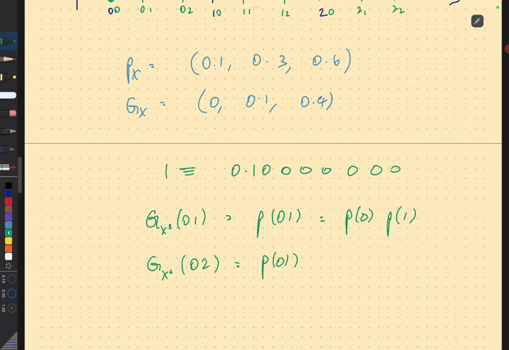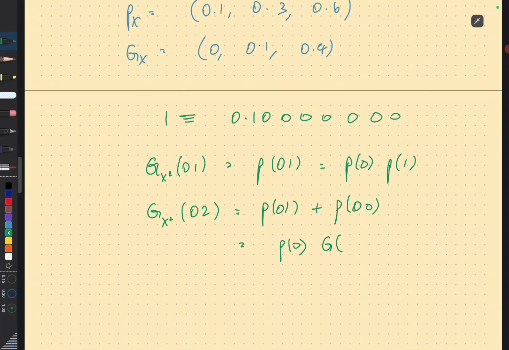It's P of 0 1 plus P of 0 0, which, if you think about it, is just P of 0 times G of 2. Do you agree? That's correct. That's right.